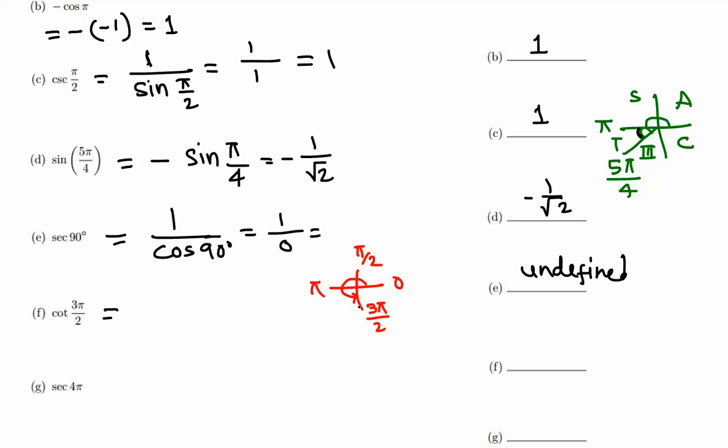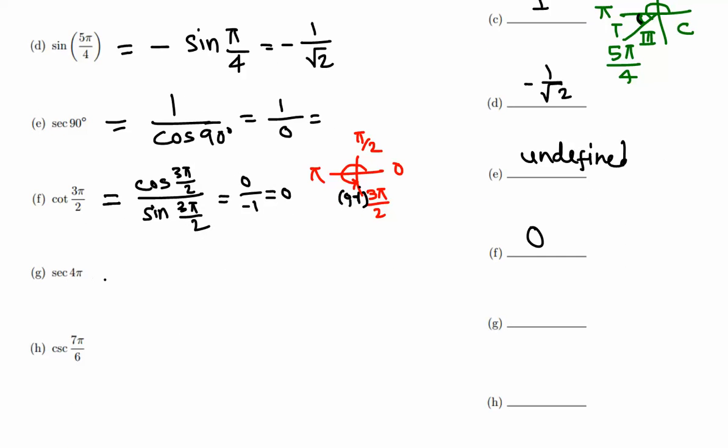Cosine 3 pi over 2 is 0, sine 3 pi over 2 is negative 1. So cotangent is cosine 3 pi over 2 over sine 3 pi over 2, which is 0 over negative 1, and 0 over negative 1 is 0.